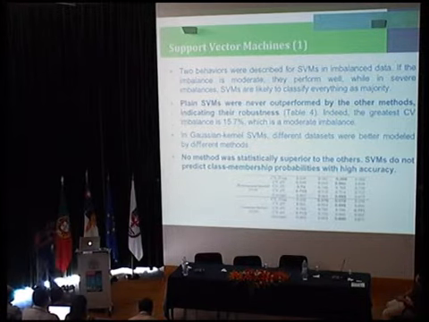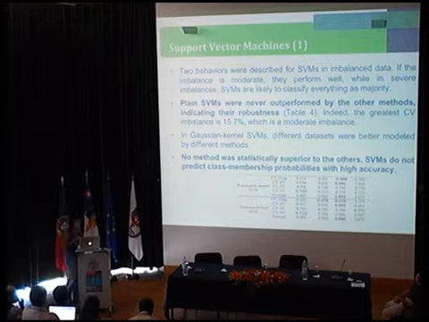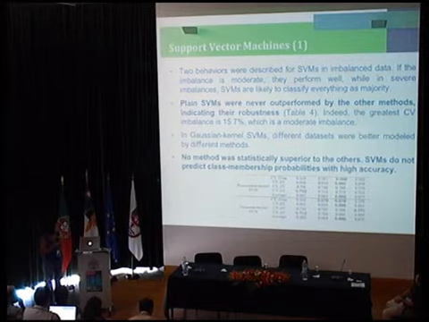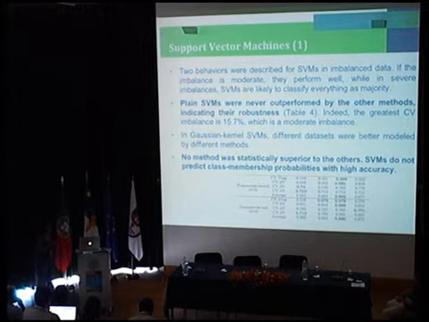So in the case of the support vector machine, as I told you, there are two behaviors. In case of moderate imbalance, they are said to perform well, while in severe imbalance, SVMs are likely to classify everything as the majority class.